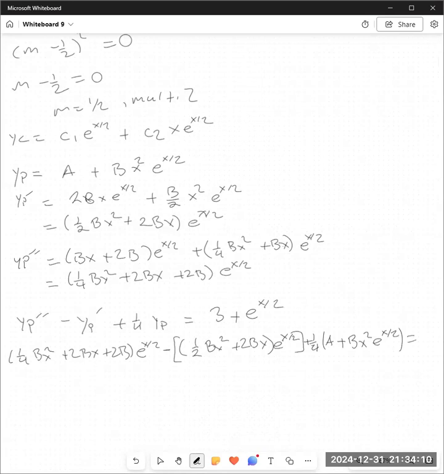And that needs to be equal to 3 plus e to the x over 2.